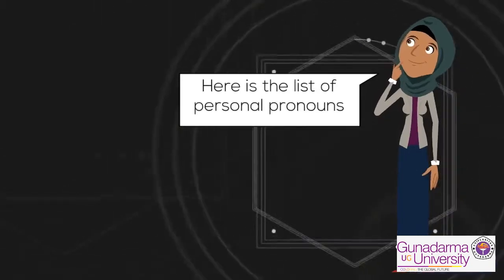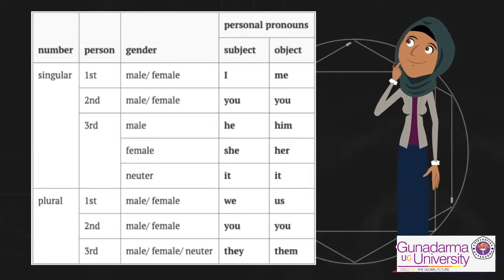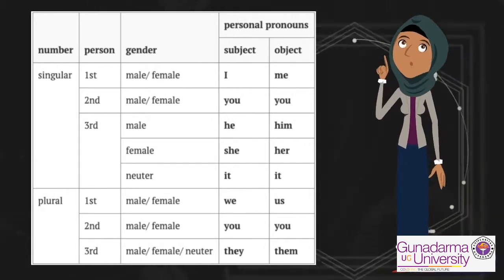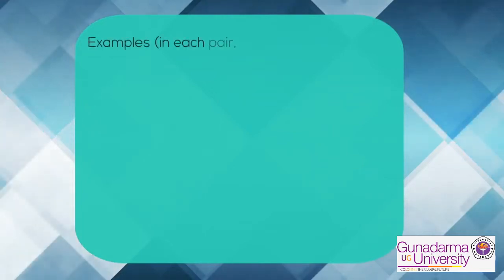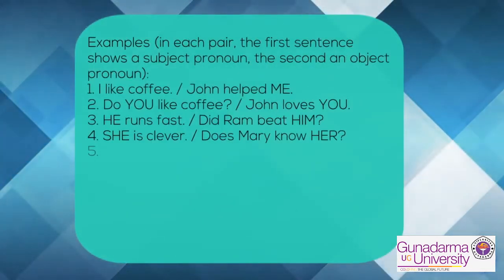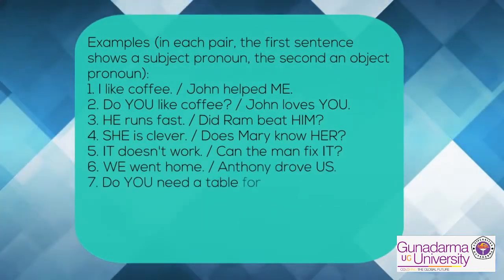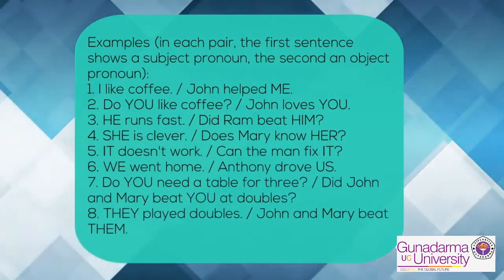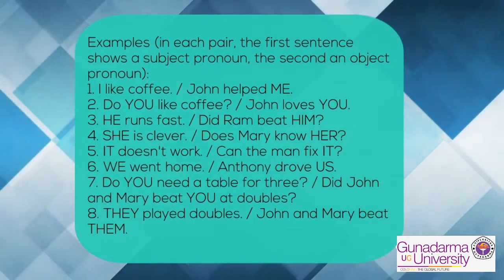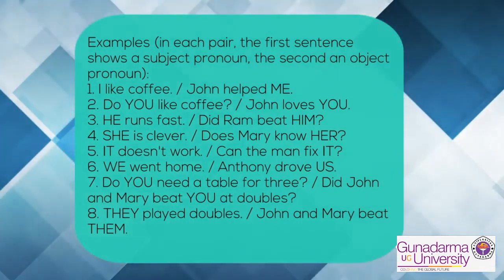Here is the list of personal pronouns. Examples: in each pair, the first sentence shows a subject pronoun, the second an object pronoun. I like coffee. John helped me. Do you like coffee? John loves you, etc.